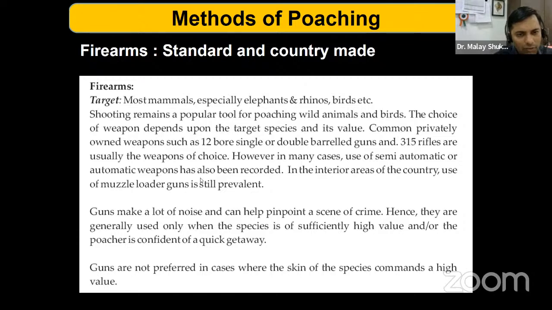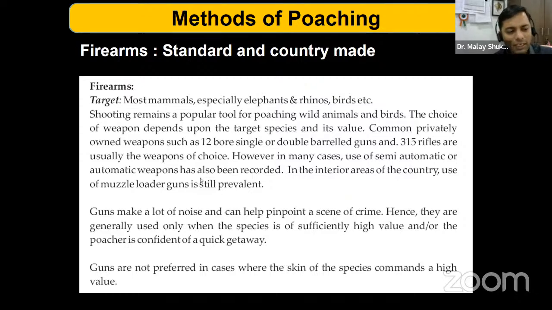But here or elsewhere in India or the globe, there is no facility for the identification and examination of non-standardized firearms. You must have heard about the kattas or country-made firearms, right? So in wildlife forensics, whenever the crime is committed, the poachers mostly use country-made firearms, and hence it is difficult to identify such kinds of firearms.